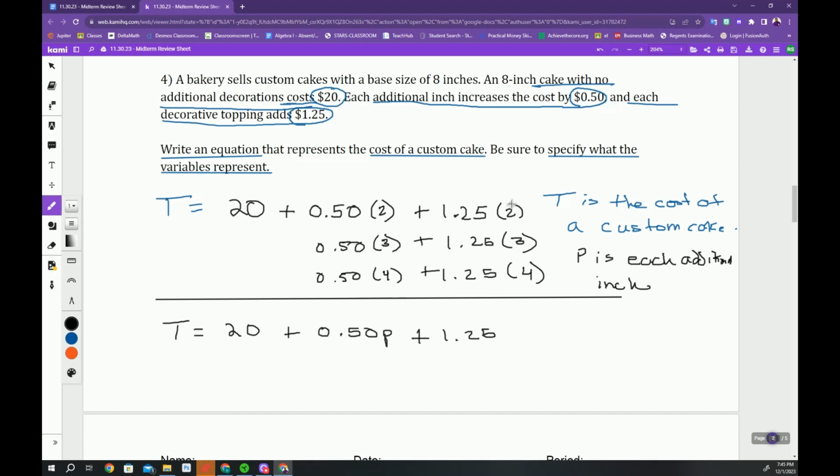Now, this is always changing for each decorative topping. Let's say D, where D is each decorative topping.